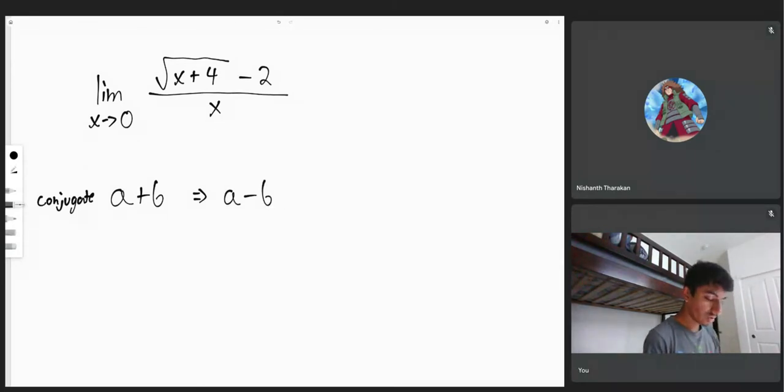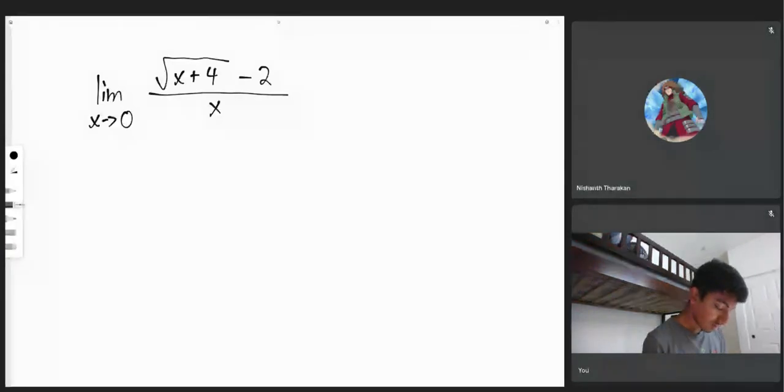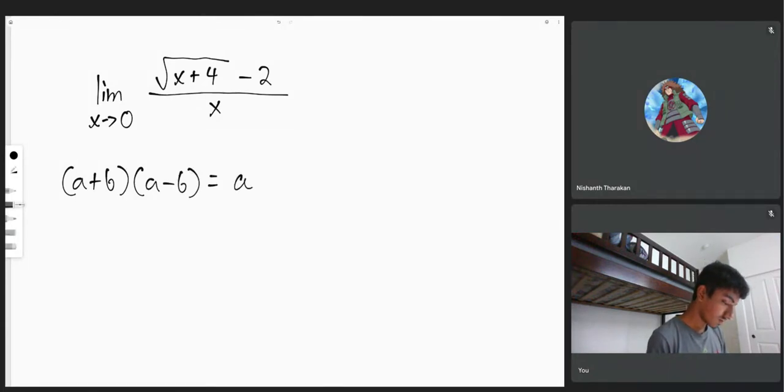This is useful because we know there's one thing that happens when you multiply a plus b by a minus b, and that is the difference of squares, as shown. And we will be using this to help solve the limit above.